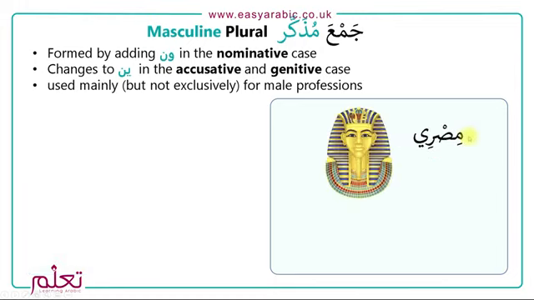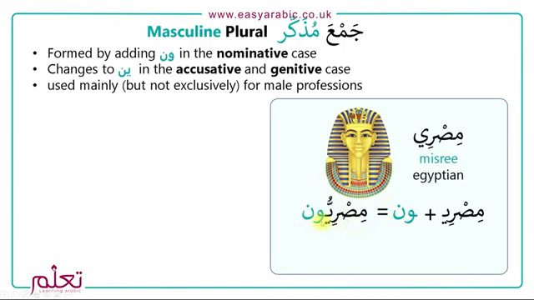Then we have Misri, which is Egyptian. So we take Misri and change the ya to show that something's going to be joined onto it, and then we add the waw noon and it equals Misriyun, which is Egyptians.